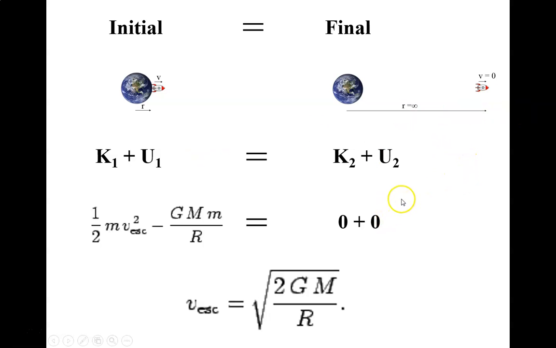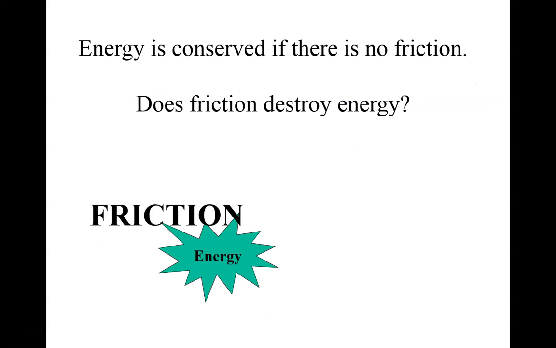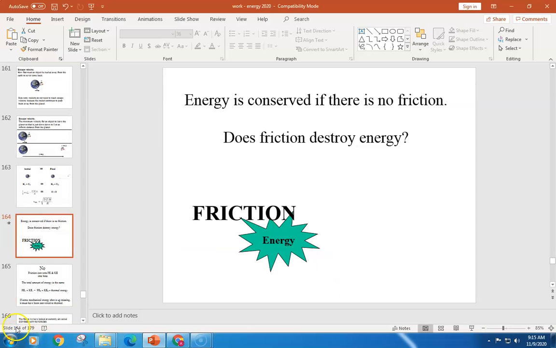So our potential energy will be 0 at an infinite distance, and here we're at the distance r, which is the radius of the planet. So the escape velocity is equal to the square root of 2GM over r. So this is how you calculate how fast something needs to be moving to leave the surface of the planet and never come back. Okay, and that is that.